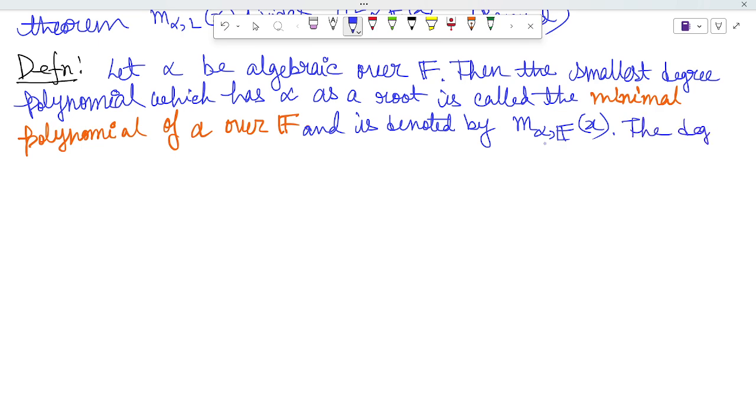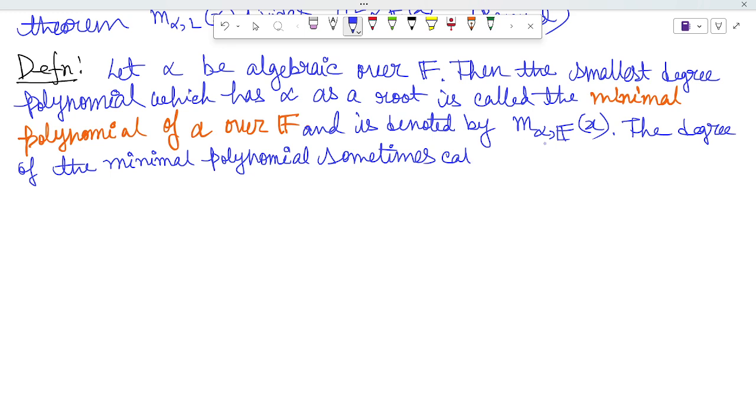The degree of the minimal polynomial is sometimes called the degree of alpha over F. If there is one field, you need not mention over which field, but if there are two fields, then you need to mention over which field.